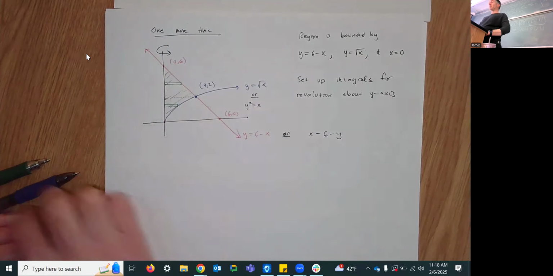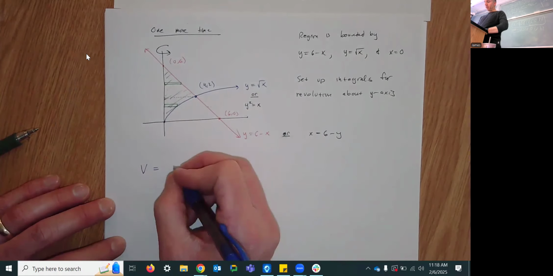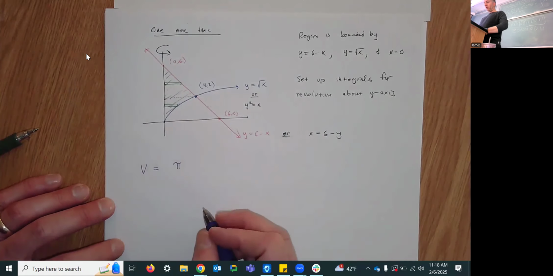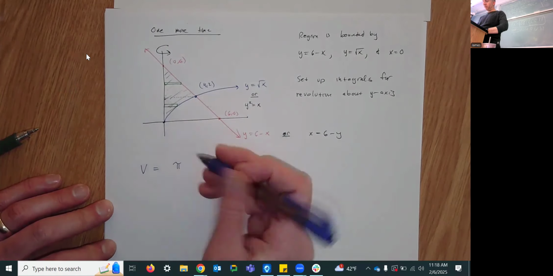So if we're going to set up the integrals for the volume of this region that we're rotating around the y-axis, the first integral is going to go from a lower y value of 0 to an upper y value of 2.